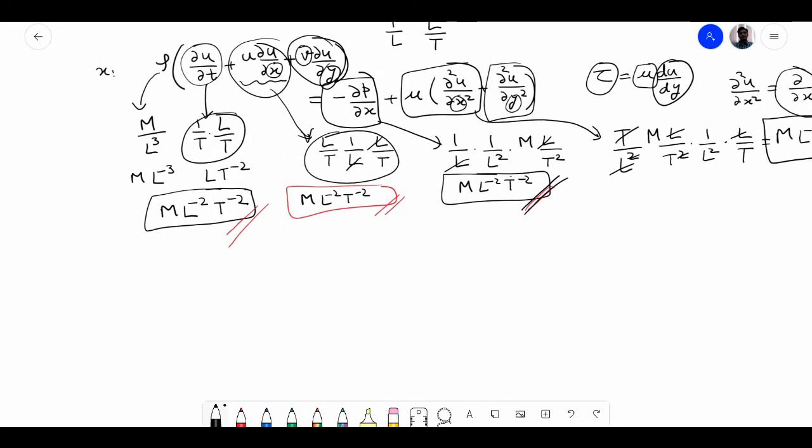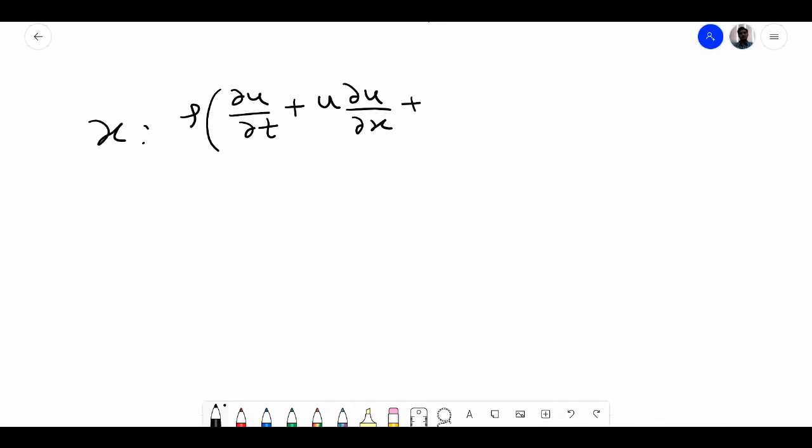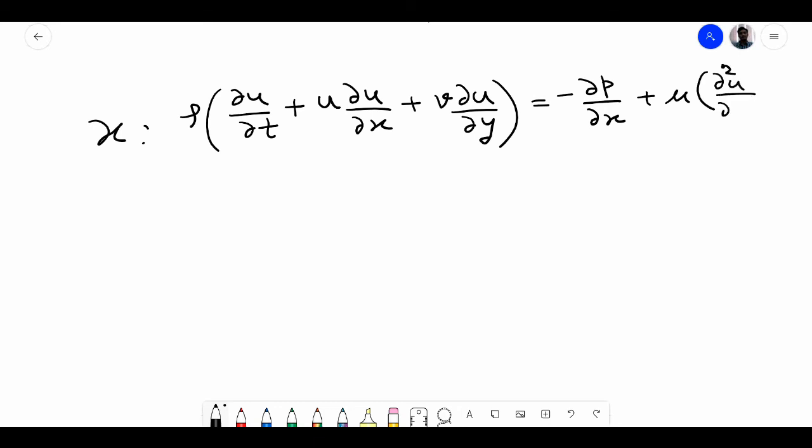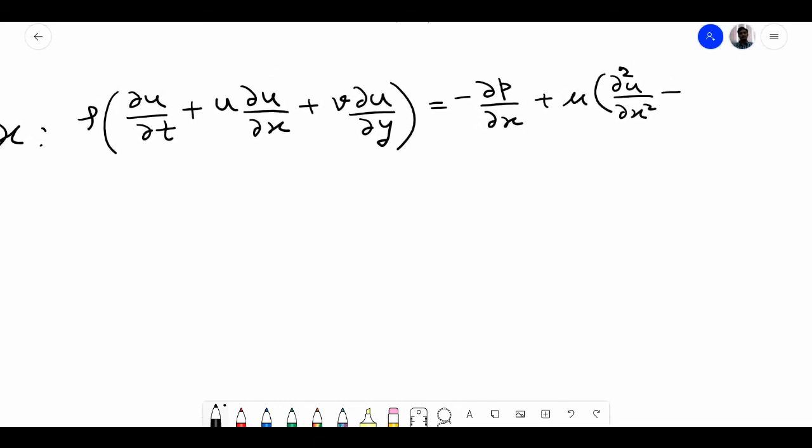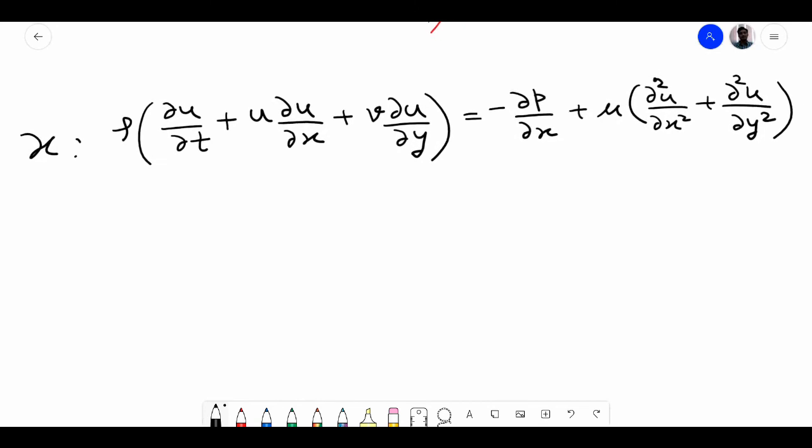Let us write the Navier-Stokes equations again in the x direction.